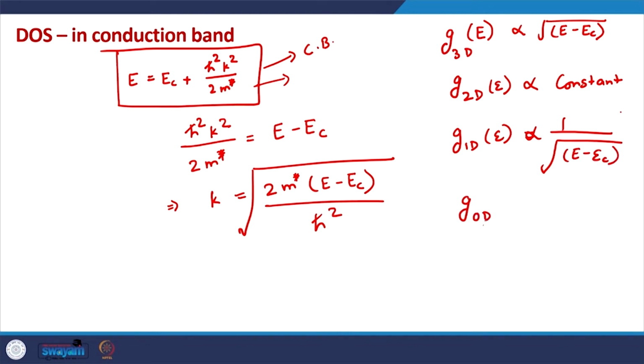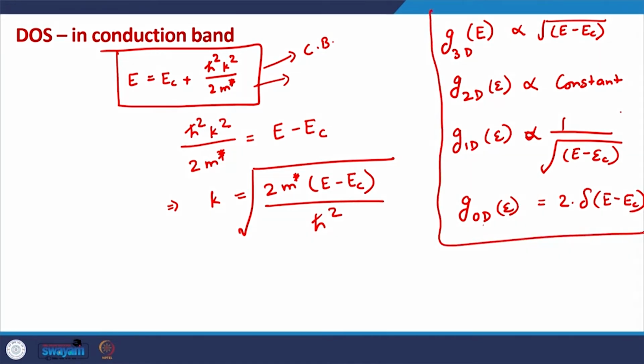Similarly, for a 0D material we can write it as a delta function at EC. So, these are the density of states expressions in the conduction band of most semiconductors. That is what we will use in our analysis.